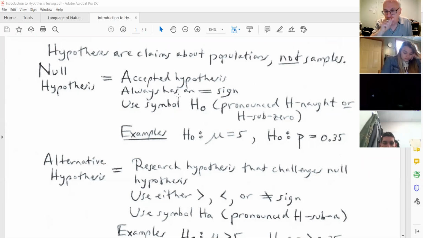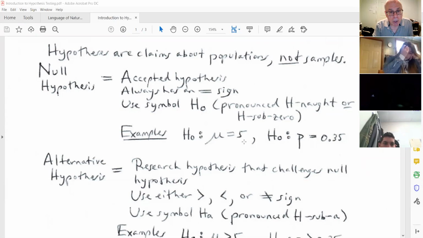If we're going to express the null hypothesis, we typically write it in symbols, and we would put a colon next to it. If it's a population mean that we're testing, somebody's hypothesized mean, we would say something like mu is equal to 5. We'd have some quantified number next to the equal sign.